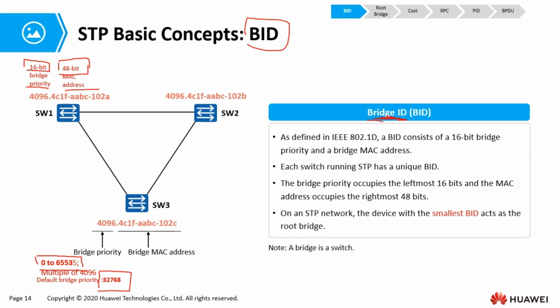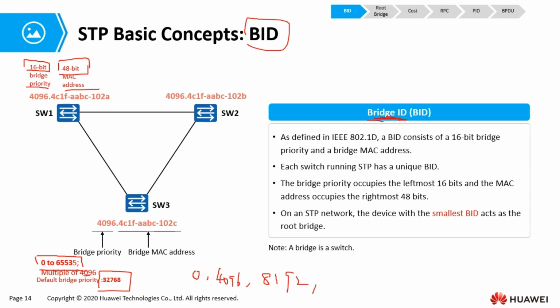When you want to change the bridge priority, it can be changed, but it must be a multiple of 4096. That means you can change it to 0. You can put it as 4096. You can put it as 8192.